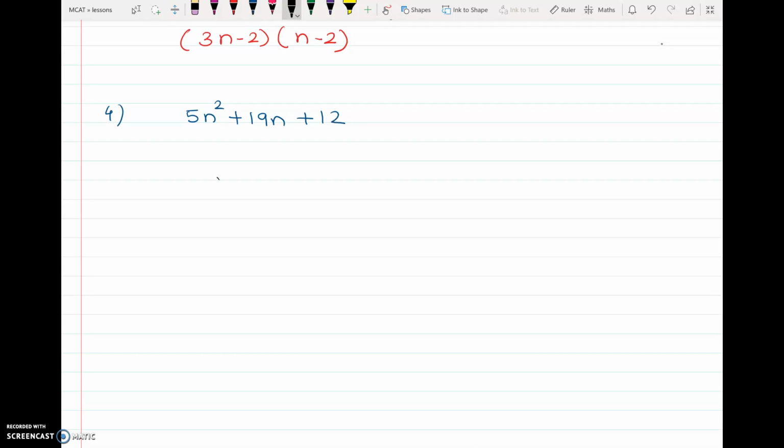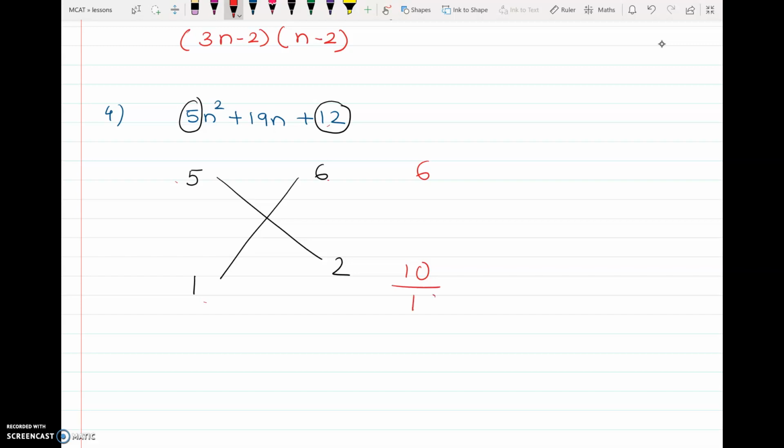First, draw a cross, write multiples of 5 on one side, so 5 and 1, write multiples of 12 on the other side, so let's do 6 and 2. Check. 5 times 2 is 10, 1 times 6 is 6, and all are positive, so we are going to add them. So 16, but I am looking for 19 in the middle, which is not working.